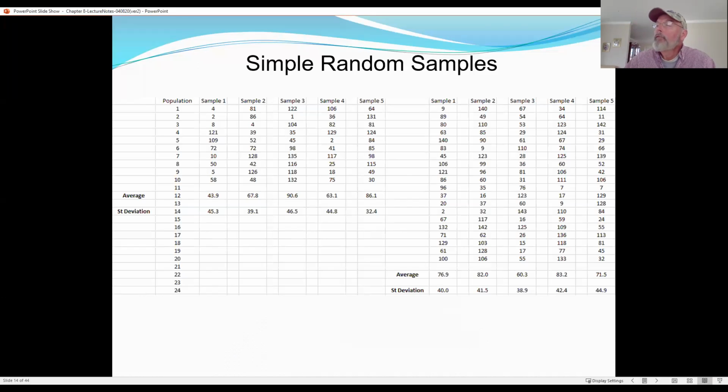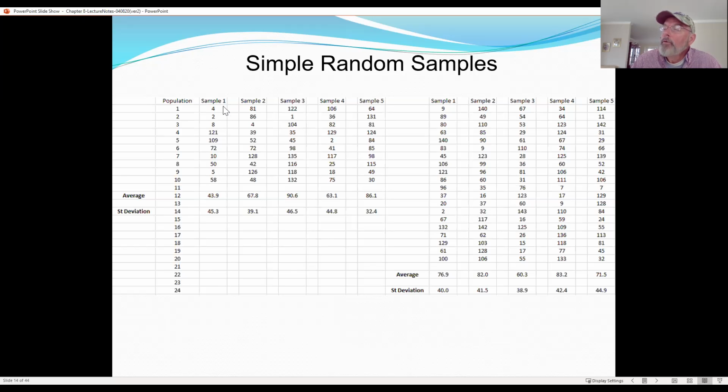And we sort of are looking at simple random numbers, okay? And this is coming from the applet. The population is 1 through 144. And I have 1, 2, 3, 4, 5 samples, okay? And the sample size is 10 values per sample. This is the sample size.